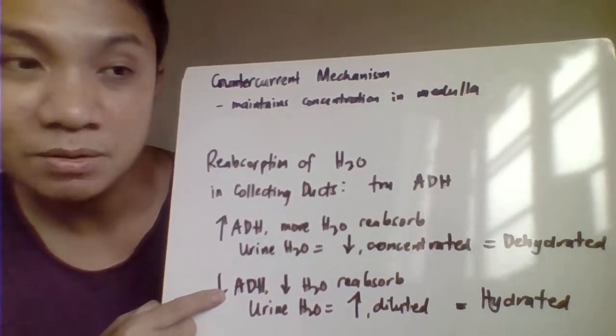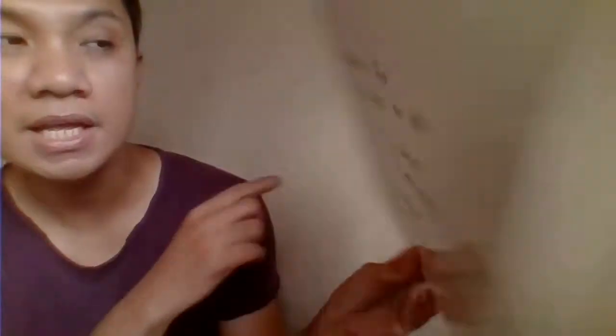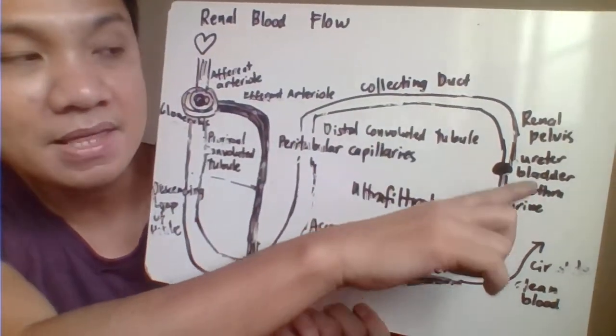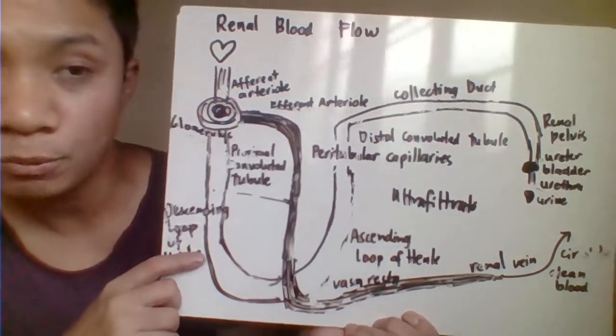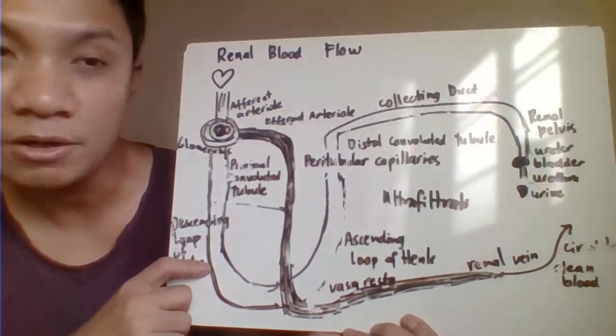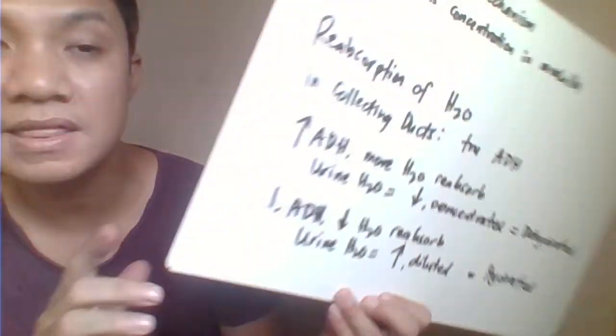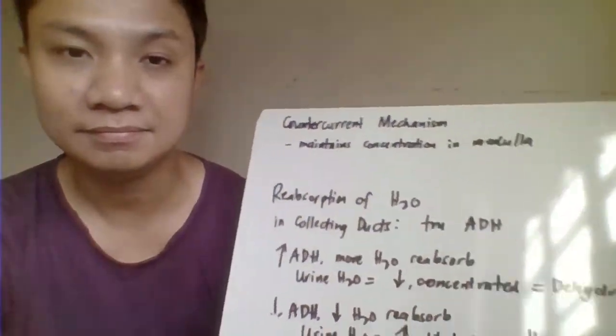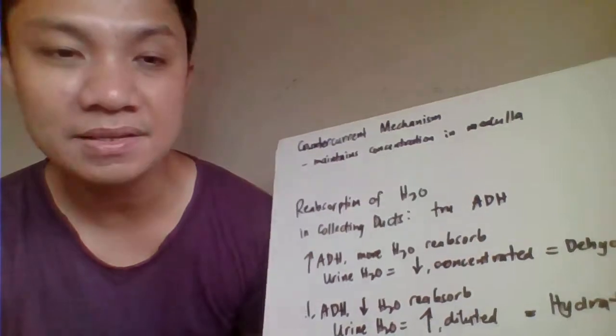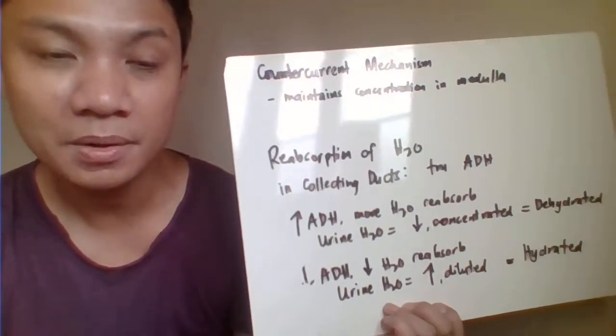So therefore, much of that water will exit here as part of your urine output. So dadami ang urine output natin, but that urine is considered to be a diluted na urine. Okay, so that's all about your tubular reabsorption.